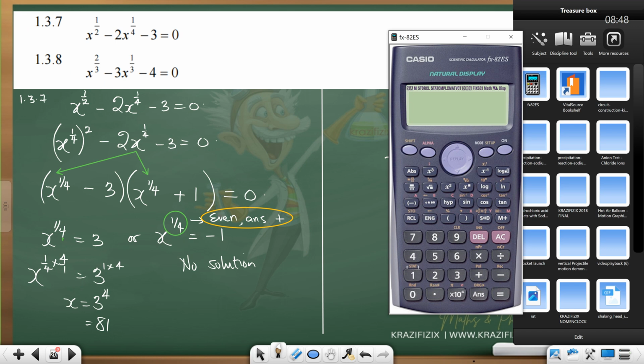Lusanda. All right, Lusanda, let's put in 1 as x. Or let's try 81 first. 81 to the power of 1 over 2 minus 2, 81 to the power of 1 over 4, and minus 3. I want us to work together, so that you see what I'm talking about. All right, so 81 is correct. Now let's put a 1.